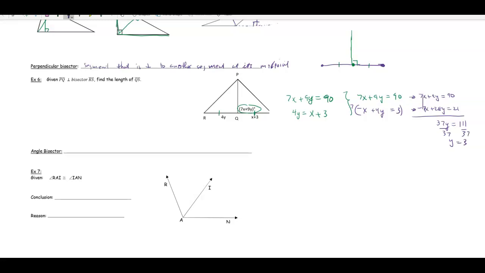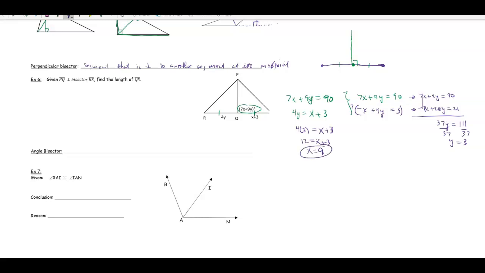Once I know y is equal to 3, I'm going to come back and plug it in up here. So 4 times 3 equals x plus 3. So 12 is equal to x plus 3. And x would equal 9 after I subtract 3.